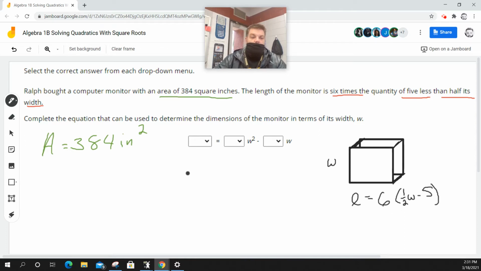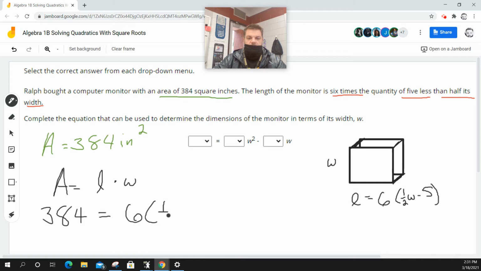What I know is that the area is equal to the length times the width. Well, what's the area? 384. What's the length? Oh, all this stuff. 6 times 1/2 times W, 6 times the quantity of 5 less.